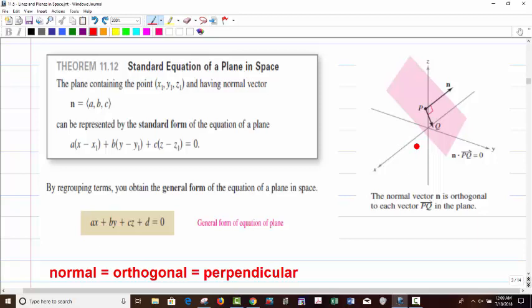For example, anything on the YZ plane is going to have a 0 coordinate for the X value. So you could pick any point on here.